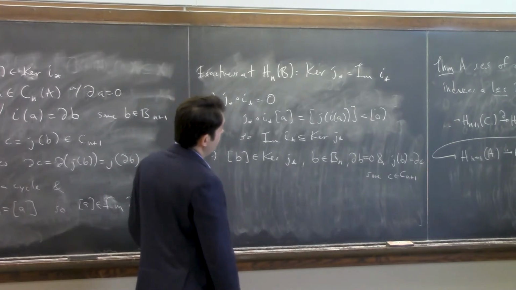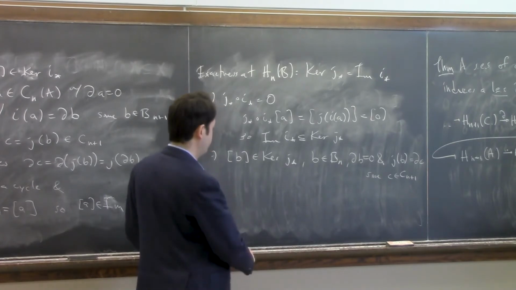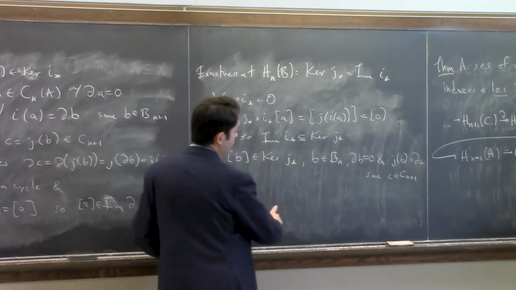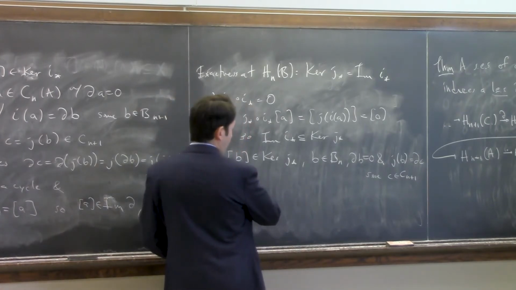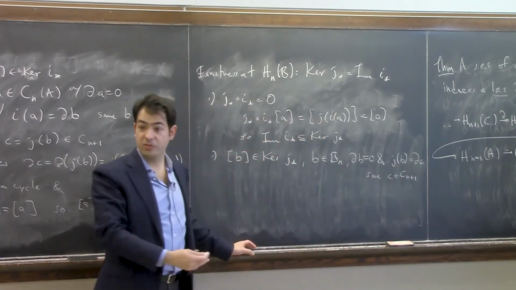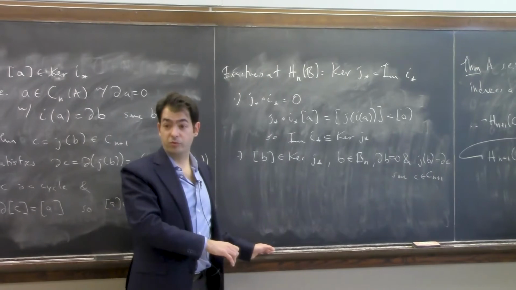Okay, I want to show that it's in the image of I star. So what do I know? I know that J of B is the boundary of some C, but I know that J is always surjective.